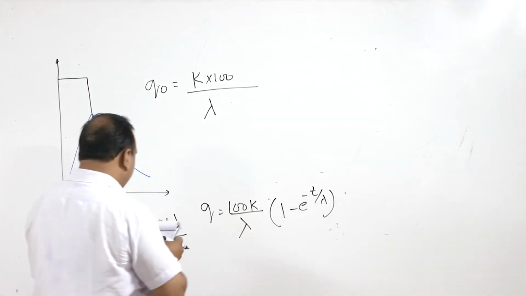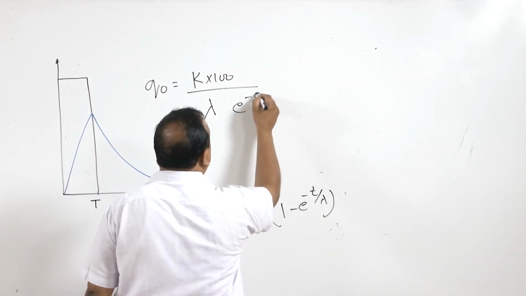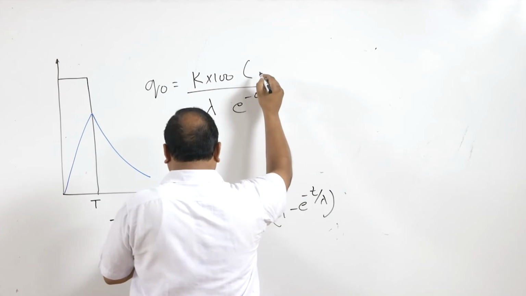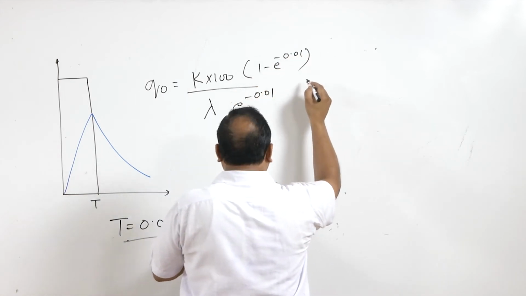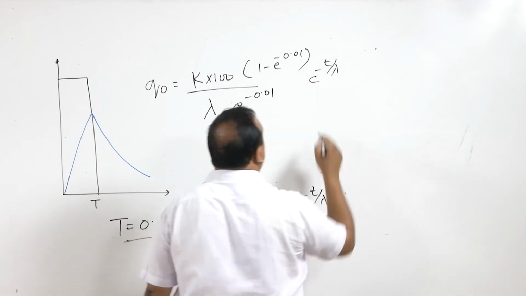So Ka by T, 1 minus e raised to power minus 0.01, divided by e raised to power minus 0.01, multiplied by e raised to power minus t by lambda.